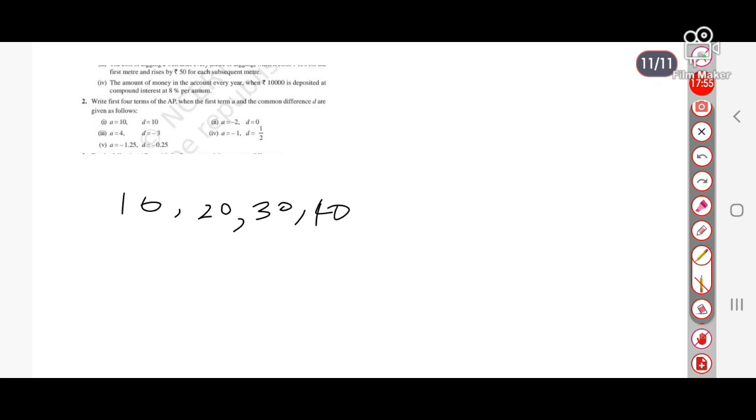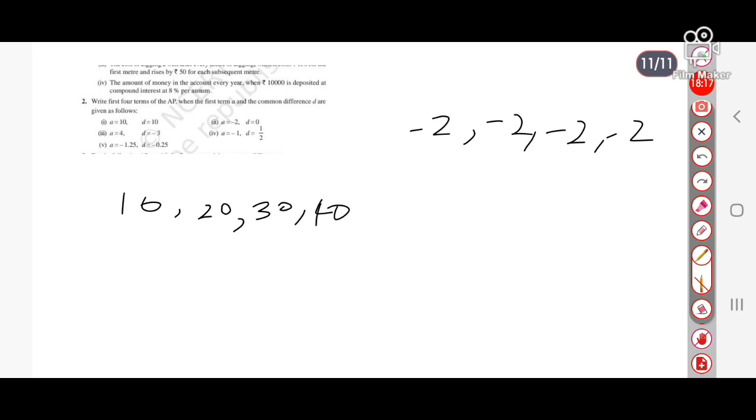Just an easy problem. Similarly, for the second subdivision, minus 2 is the first term. The common difference is 0, so we add 0 to the upcoming terms. So minus 2, minus 2, minus 2, minus 2, and it goes on. Again, when the same number repeats in the sequence, does it form an AP or not?